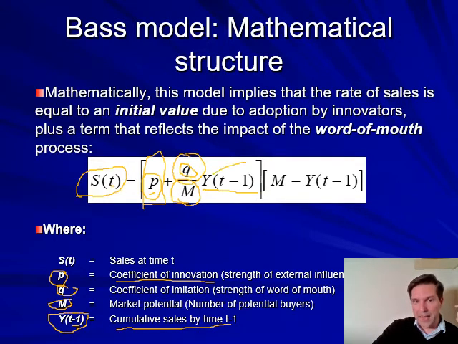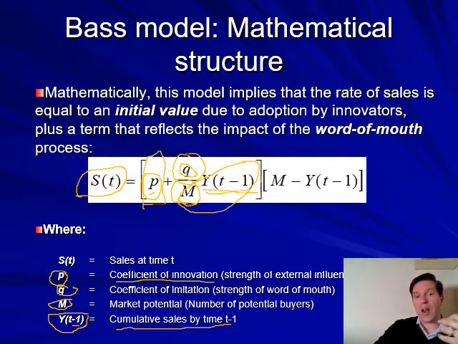And it's going to be dependent. It's going to be a product of Q and this ratio between y(t-1) and m, which is essentially the percentage of people that have already the product in the marketplace. You can think about this for a minute if you want, and see that because this is the number of people that have already the product, and this is the total maximum number of people who could own the product.